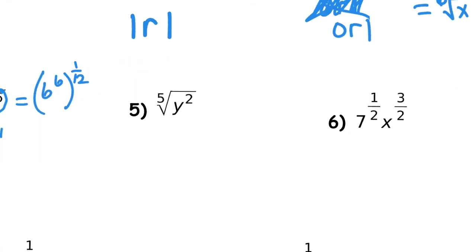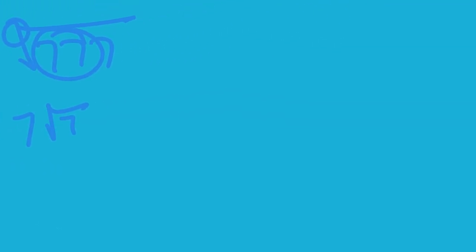Let's do it this way. Do you know what 2 squared is? Okay. Do you know what the square root of 4 is? Do you know that 4 to the 1/2 is the same thing as the square root of 4? Okay. Do you know that 4 is 2 squared?